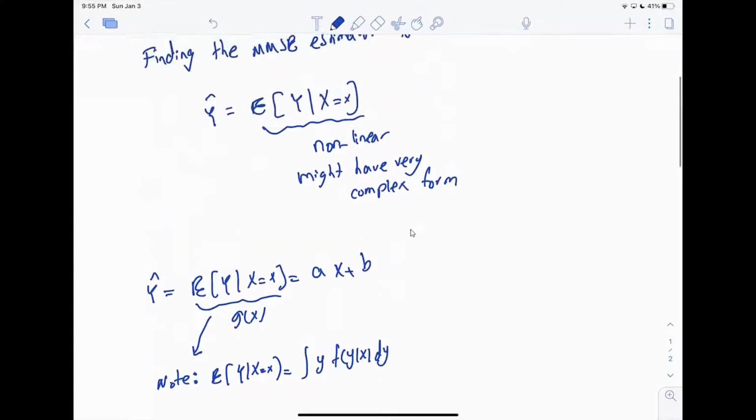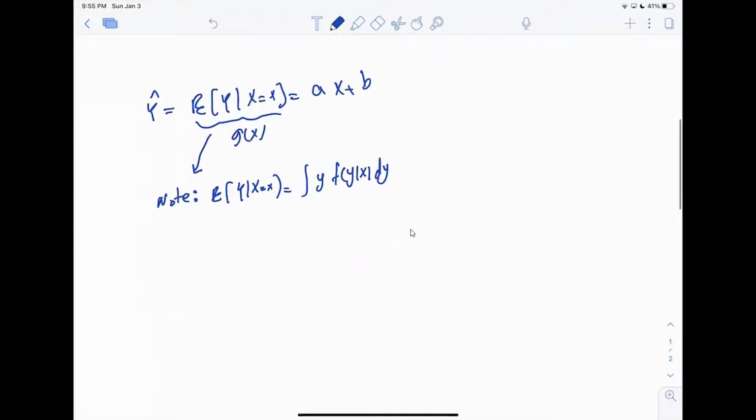Perfect. So now let's see how to find the optimal a and b. This is a very important problem in the estimation literature: finding the optimal a and b for a linear MMSE. No problem. We are going to follow the steps that I outlined in MMSE Part 1, Part 2 and Part 3.